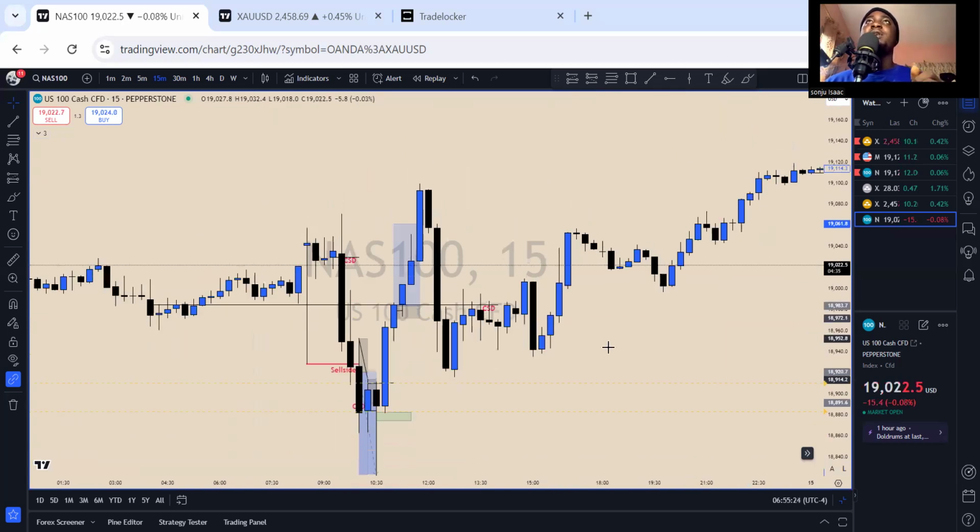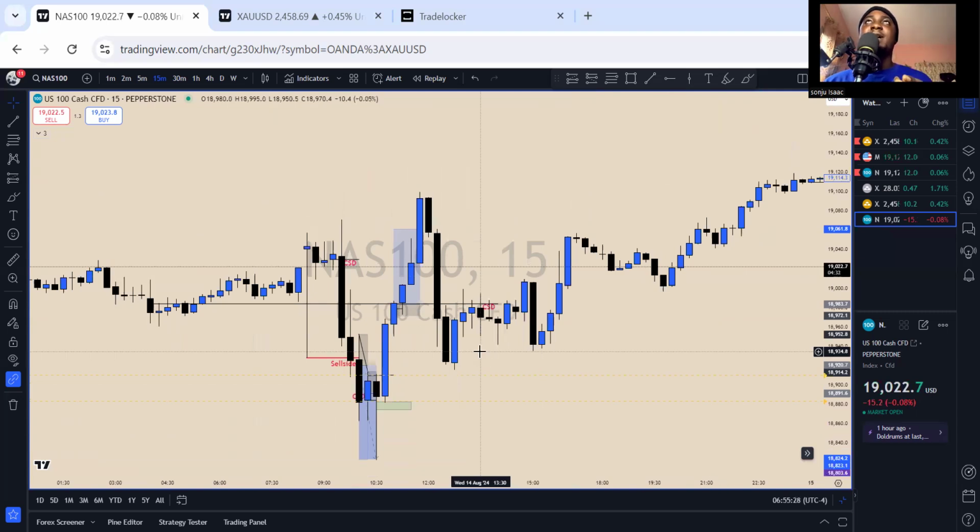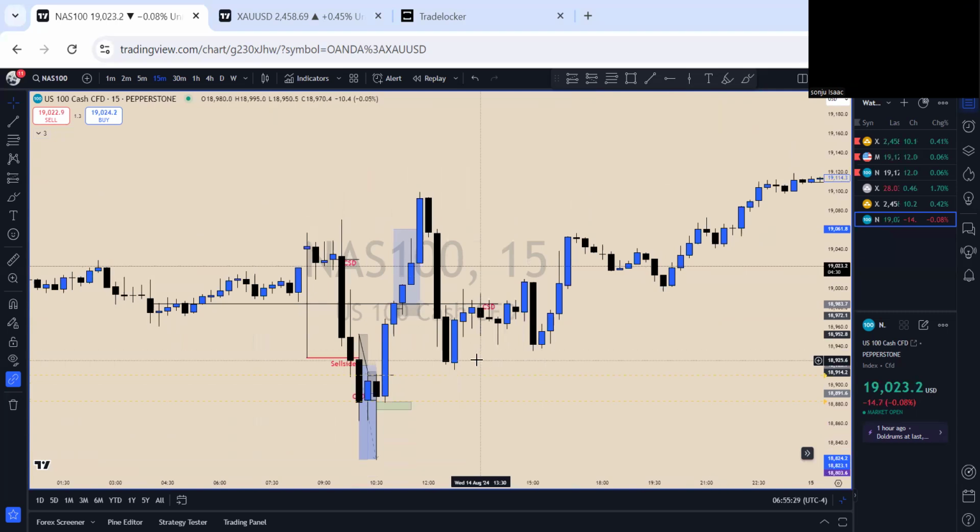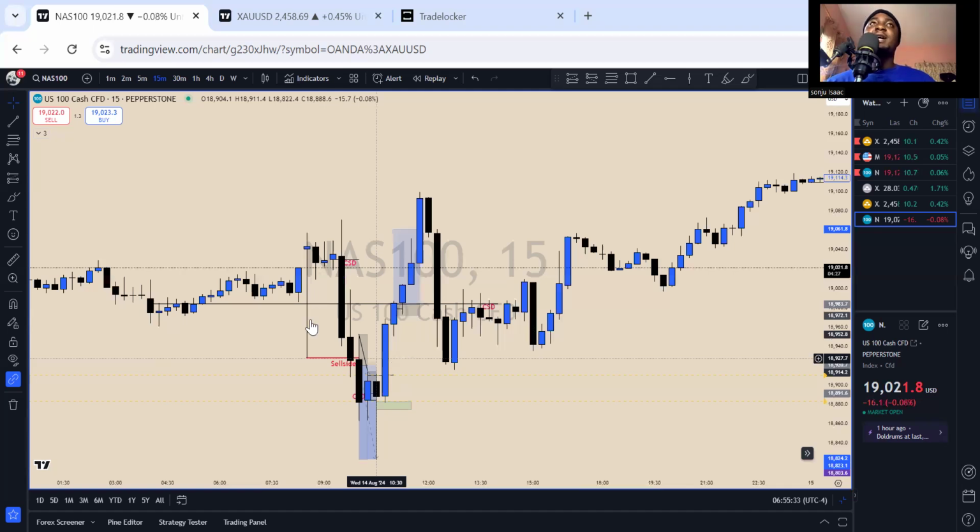For example, let's say you get into a trade, or let's say you were not able to take the first entry, and the second entry could pop up, but you don't know how. I'll be showing you how you can easily spot that second entry using change in state of delivery.